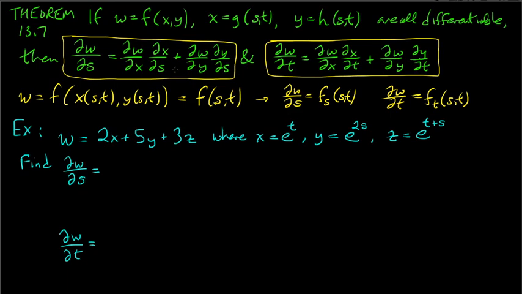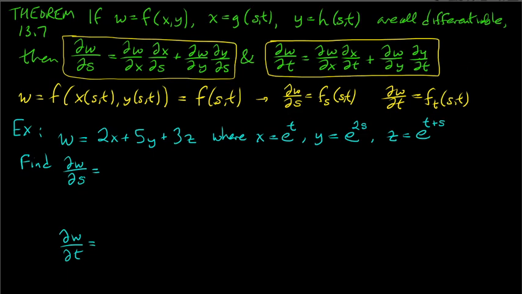And in fact, this theorem doesn't even cover that, because we need z as a function of s and t as well. But you see, you just get one more term here. In other words, for the t one, you'll just get plus partial of w with respect to z times the partial of z with respect to t as well. So you just add that one extra term.